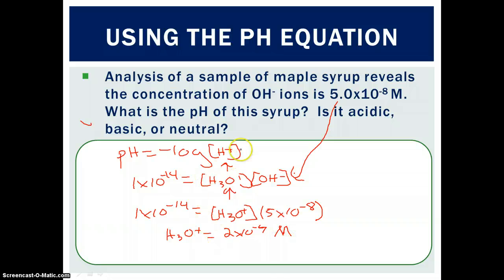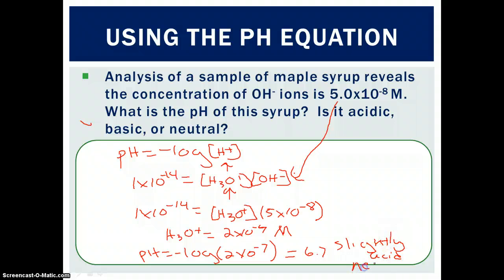And then I plug this into my pH equation. pH equals minus log 2 times 10 to the negative 7. I end up with a pH of 6.7. This is less than 7. You could consider this to be acidic, slightly acidic maybe. A lot of people also would just consider this to be close enough to neutral. Depends on the situation, how precise you need to be.